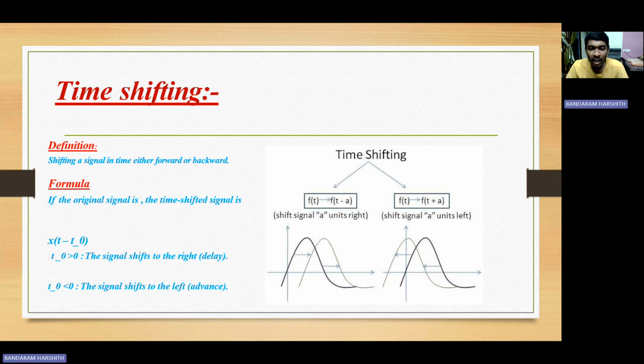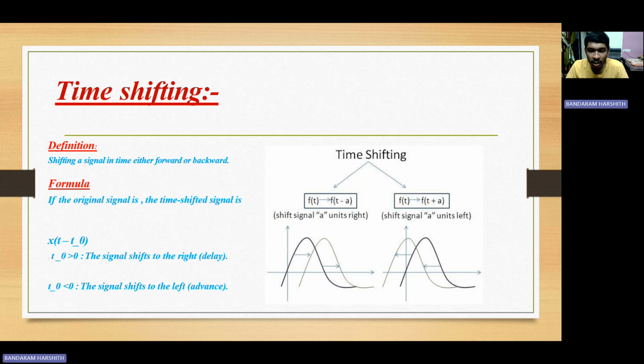Next, from the diagram, let's discuss time shifting. We have f of t, and by doing time shifting, we get f of t minus a. Here, a is the factor by which we are going to shift the time.